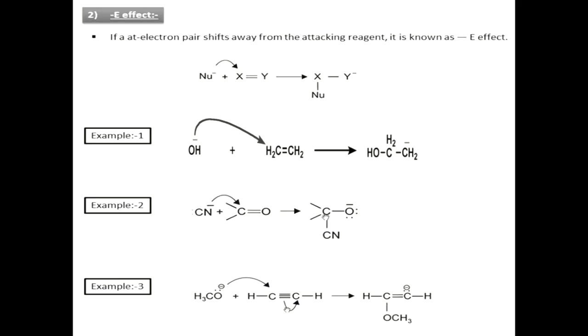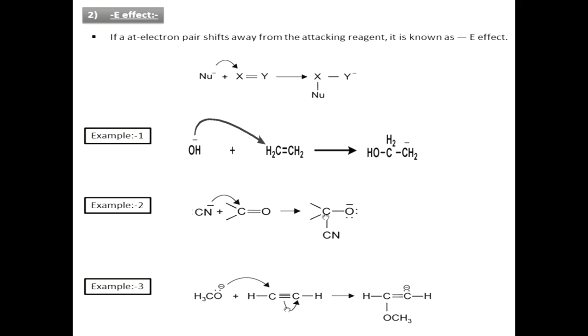Now, what happens in the case of the negative effect? The nucleophile directly attacks the double bond, giving the addition product by nucleophilic attack, and then a negatively charged compound forms. So in the negative electromeric effect, the nucleophile directly attacks. In the positive electromeric effect, protonation or an acid generates the polarity.